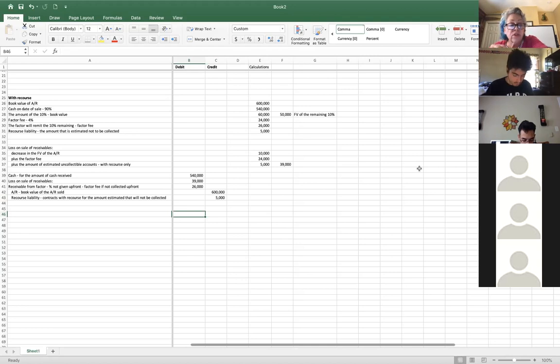Would this be reported in your multi-step income statement, in operating activities or in other? In other. Is it directly related to operations? Or is it a financing?